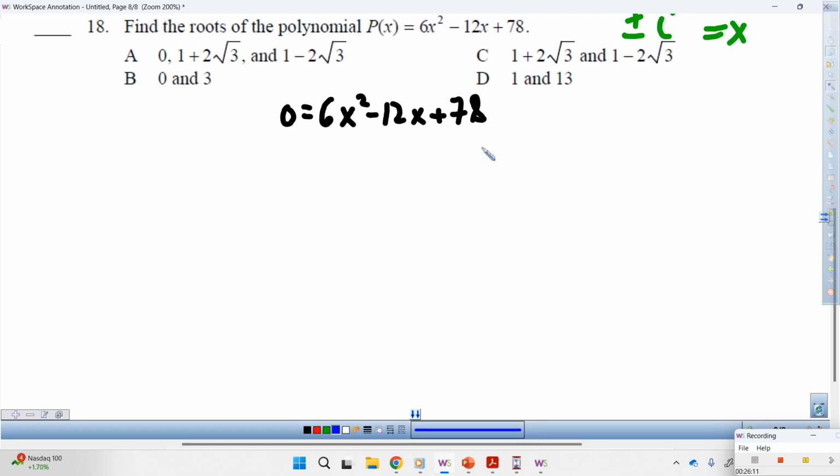What number divides each of those terms? Mariah, what number? 6, that is correct. That leaves us with x squared minus 2x plus 13.